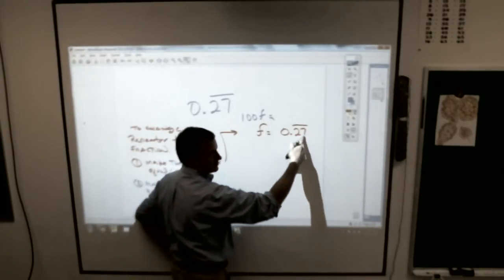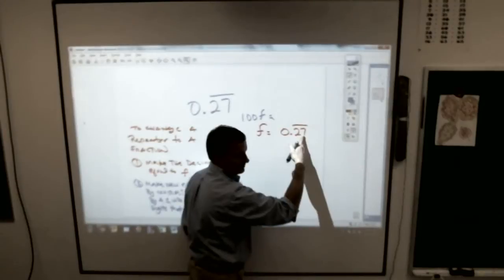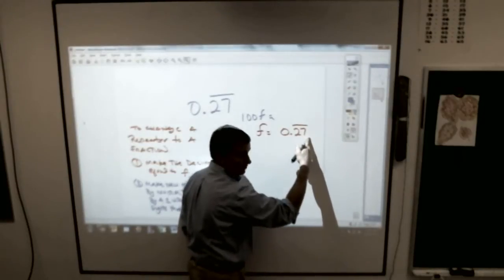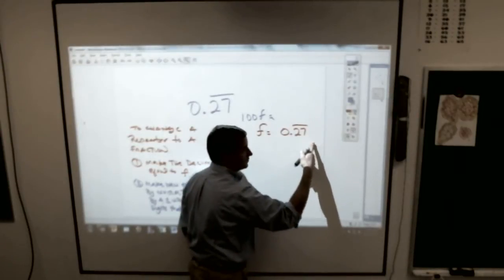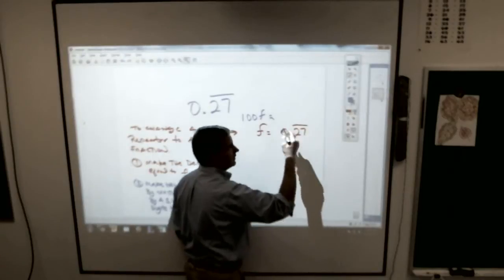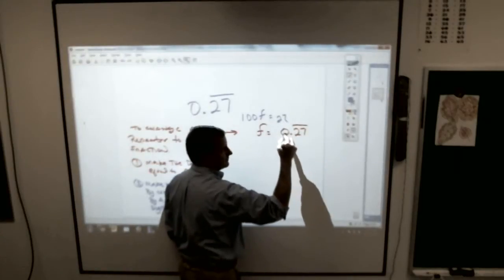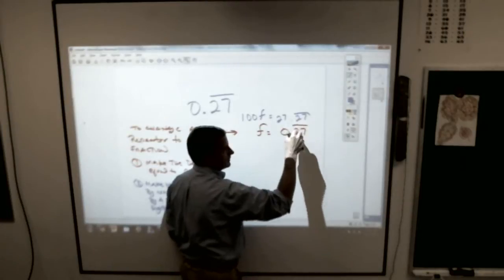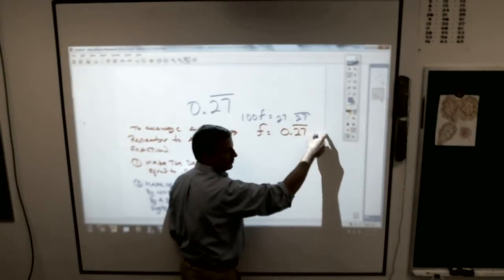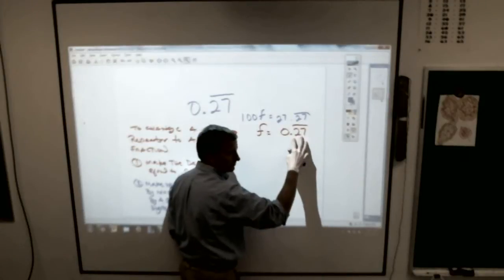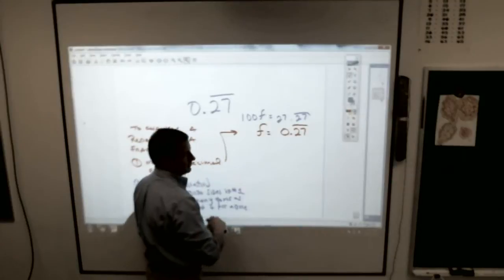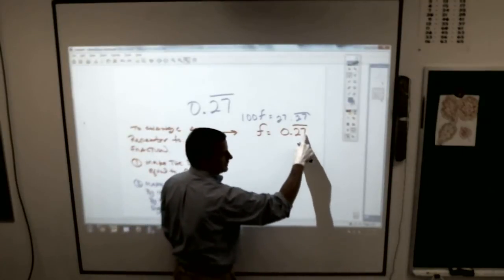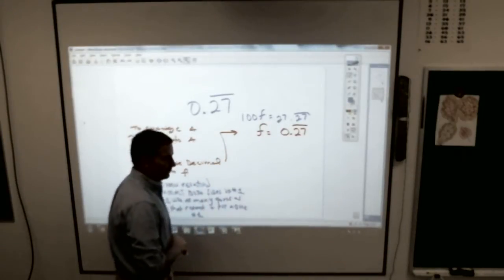If you multiply this by 100, you move the decimal 2 places over, and that becomes 27.27 repeater. It just slides the repeater over 2. You end up with 4 digits instead of the 2. It's going to be that same little pattern.